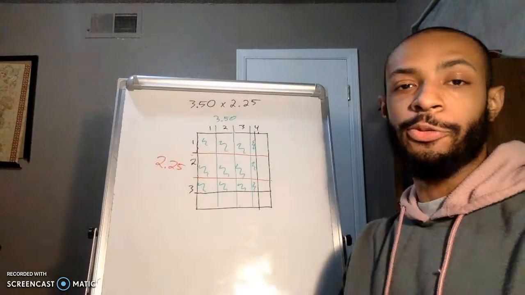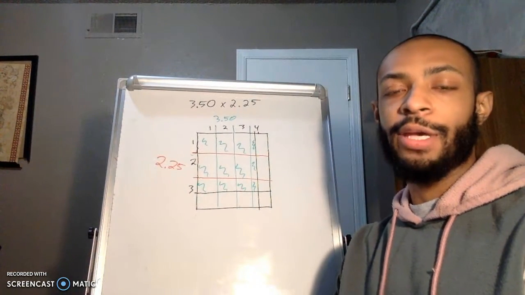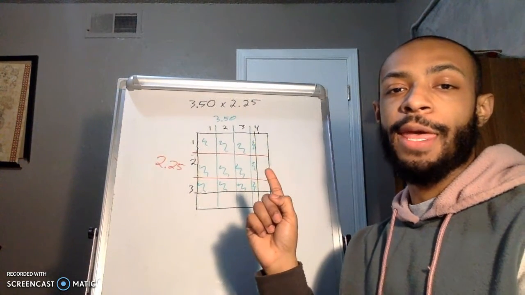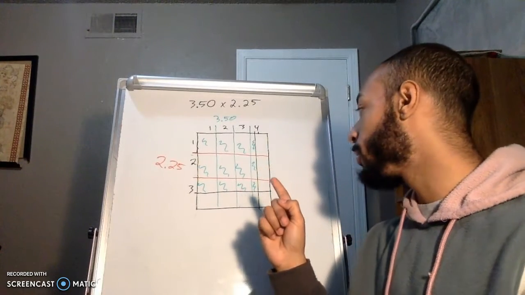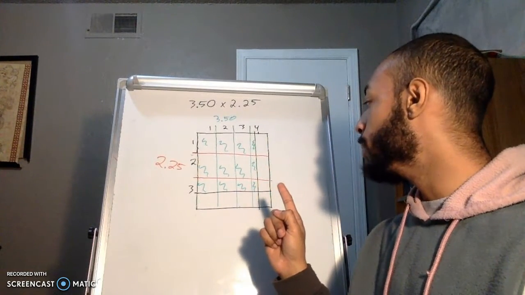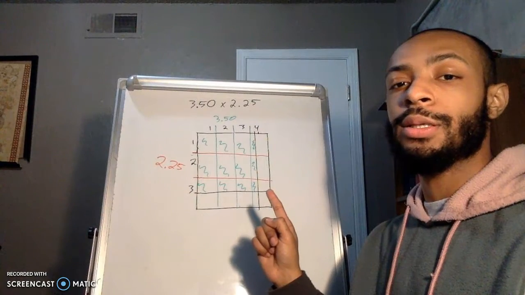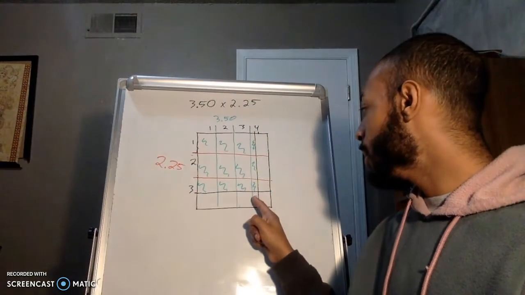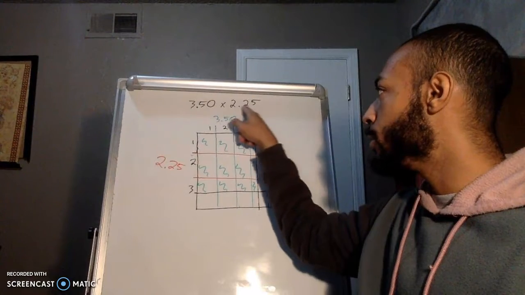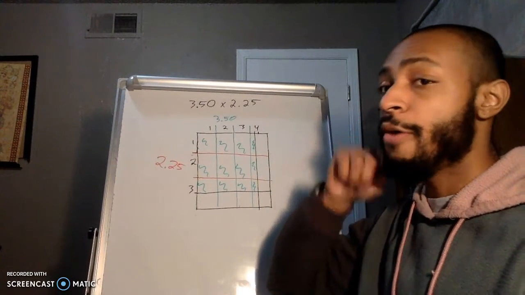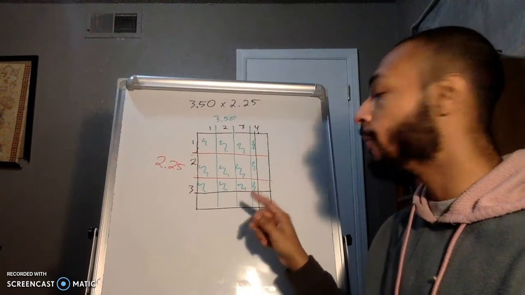So first I did the 3.5. So I went over 3, and then I divided my last column, my 4th column, here by 1, 2, 3 equal spaces. Or 4 equal spaces, I'm sorry, because I know that 0.25 is about a fourth of 1.